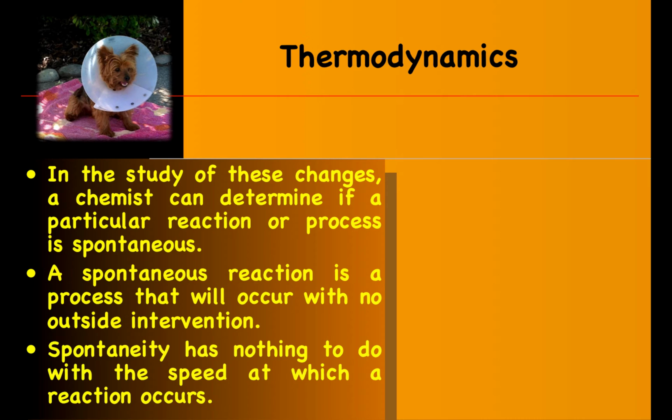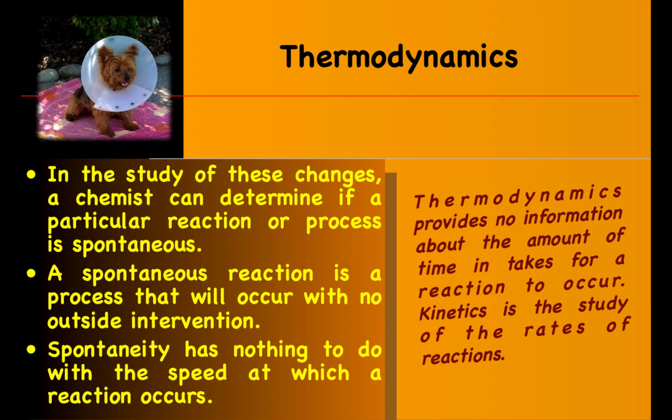Do not confuse spontaneous with instantaneous. Instantaneous has to do with rate. Thermodynamics provides no information about the amount of time it takes for a reaction to occur. Kinetics, on the other hand, is the study of the rates of reactions.